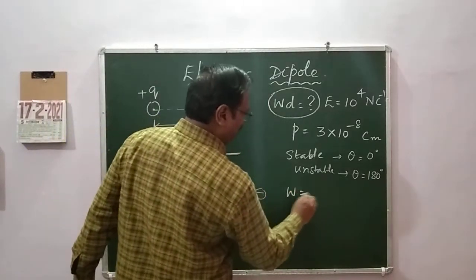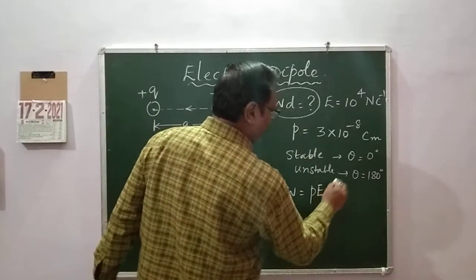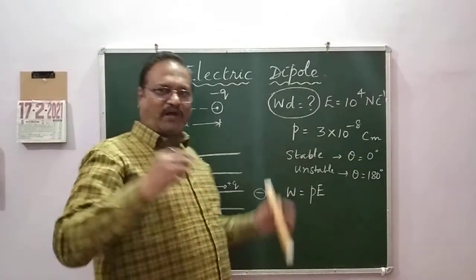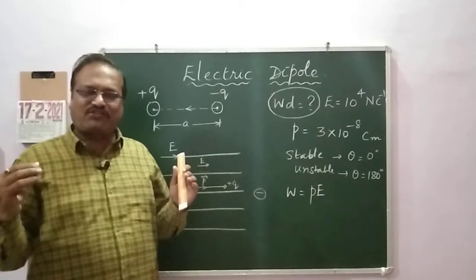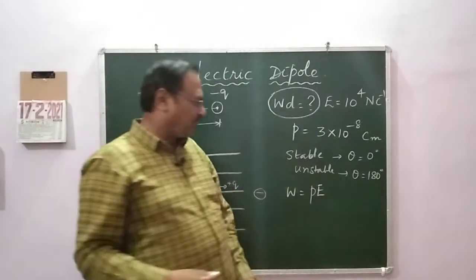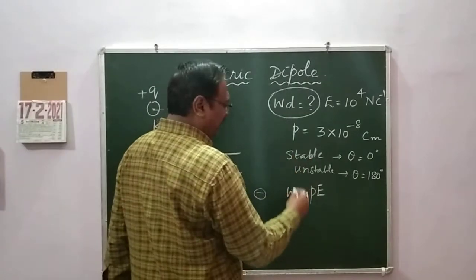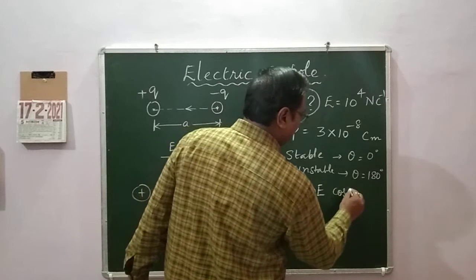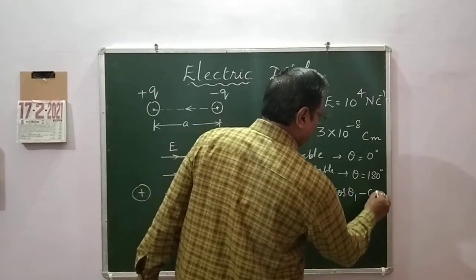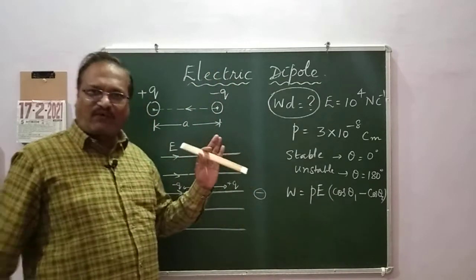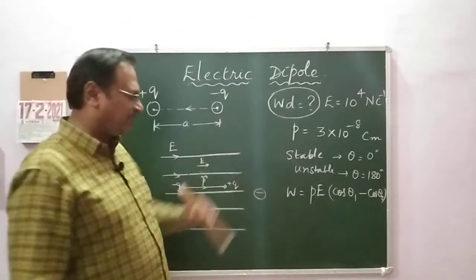Work done is equal to the change in potential energy, and potential energy of the dipole is minus PE cos theta. Now, when you take two different angles, we can write it as PE times cos theta 1 minus cos theta 2, from first position to second position.